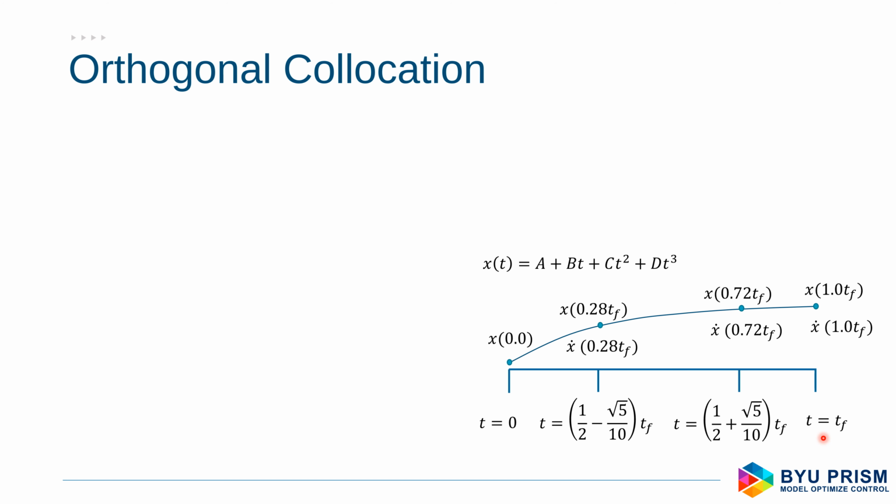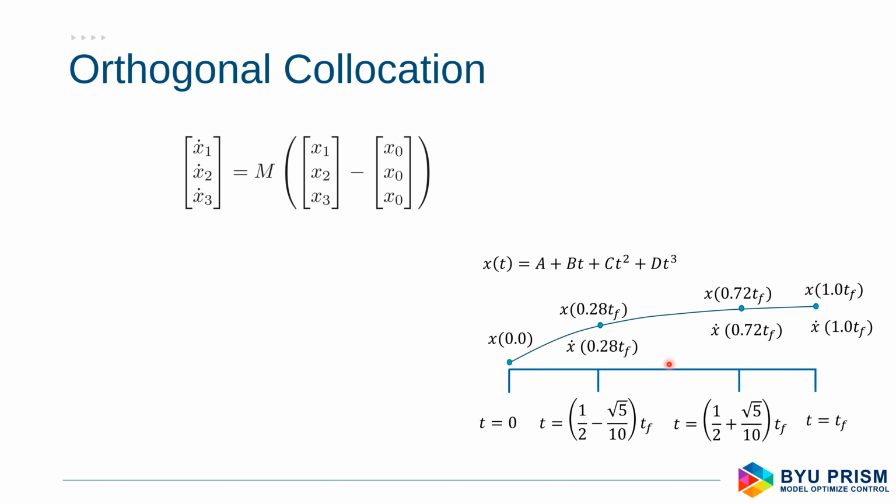You can also do Radau quadrature or others that are orthogonal points where you get the best spacing of these time points to get the best accuracy for this approximation. We're only going to be evaluating the equations at particular points along the way, and these time points are placed optimally to give us the most accuracy with the fewest amount of points.